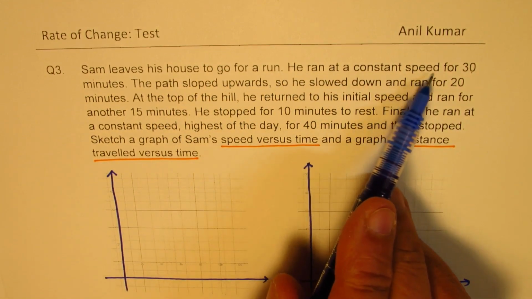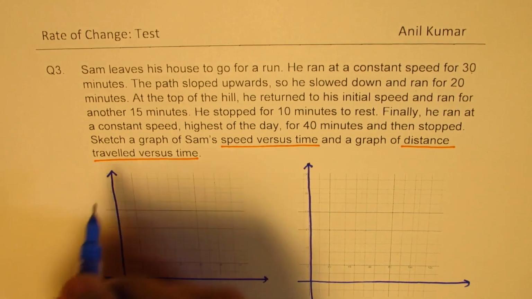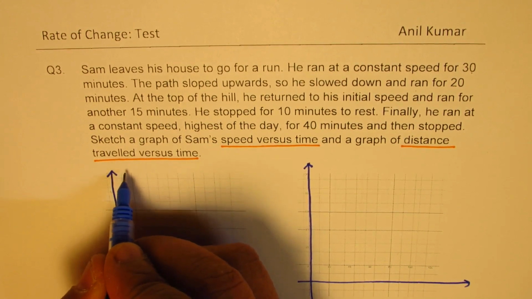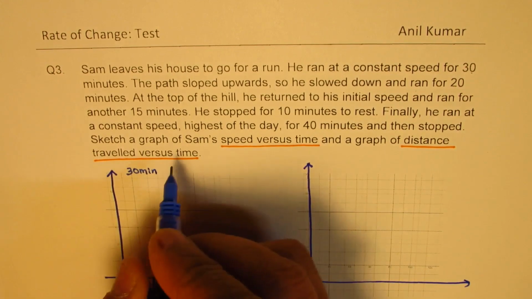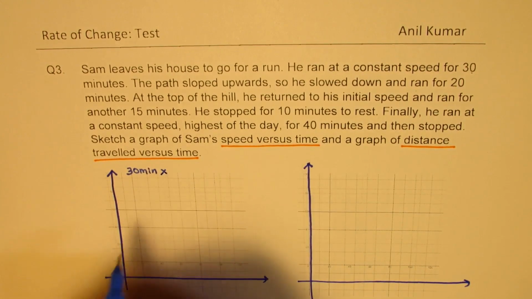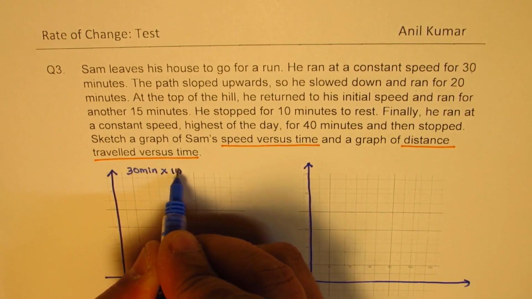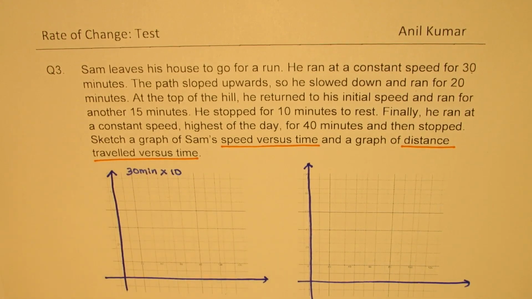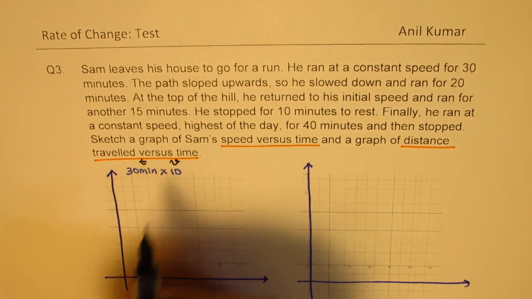He ran at a constant speed for 30 minutes. So we have to select what speed. So for 30 minutes, let the speed be, we'll multiply that by some speed. Let us assume for easy calculation that the speed is 10. Correct? So we'll make a kind of a table where we'll have time, and that is velocity.